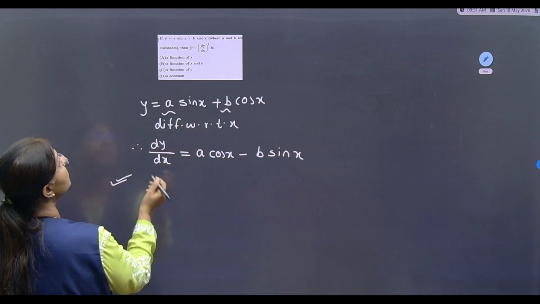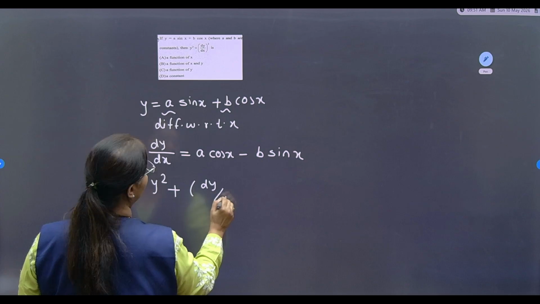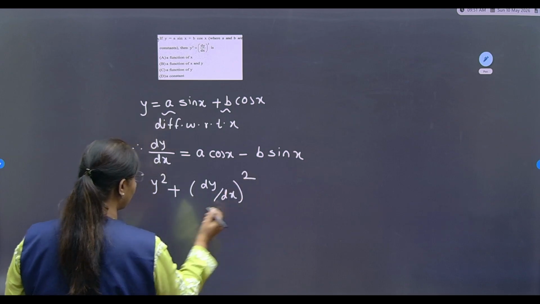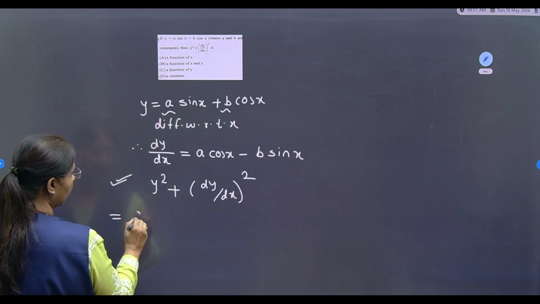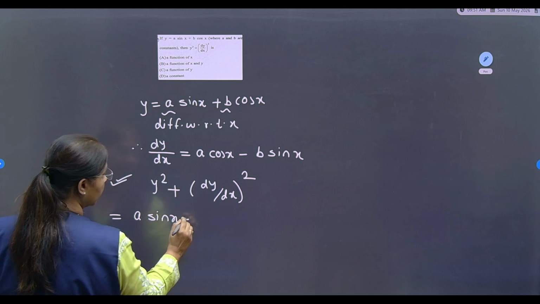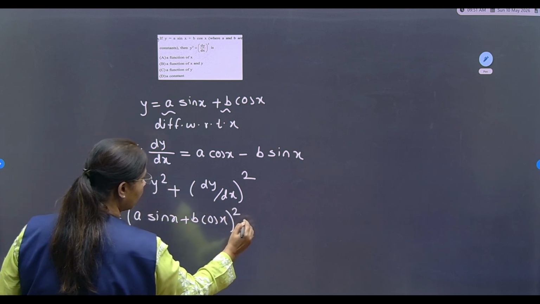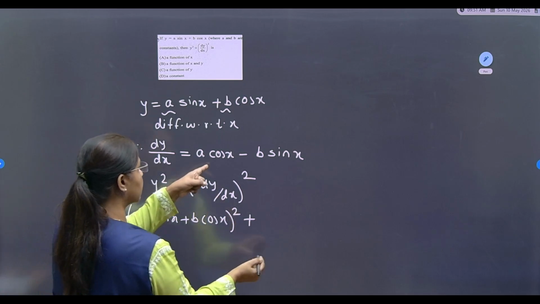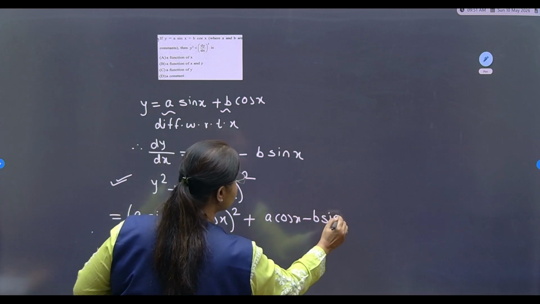Then the next step: the question asks for y square plus (dy upon dx) whole square. Here y is equal to a sin x plus b cos x, and dy by dx is equal to a cos x minus b sin x.